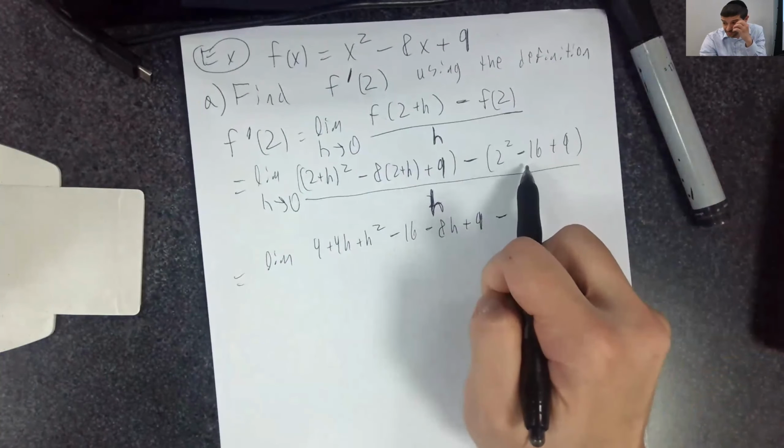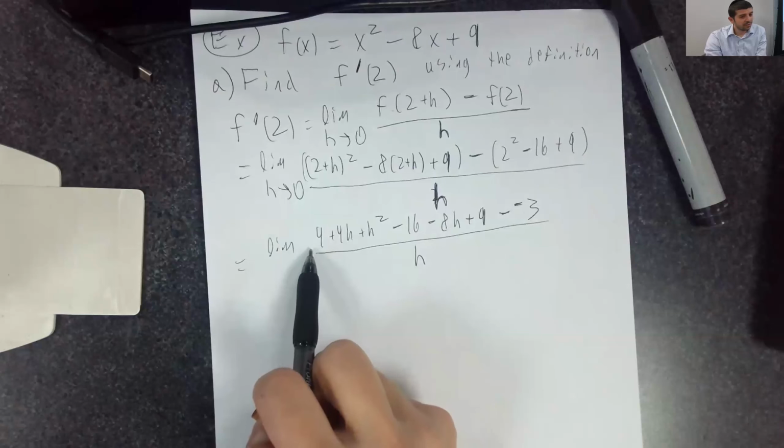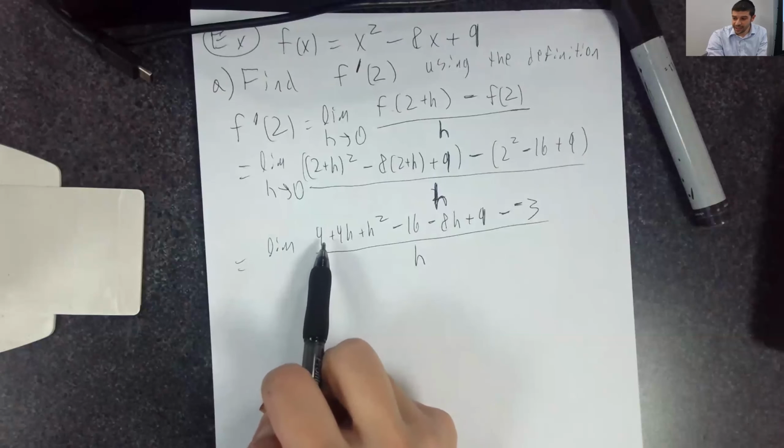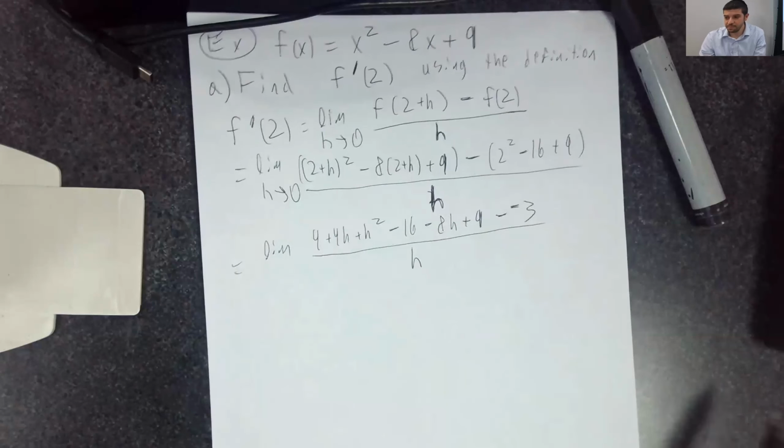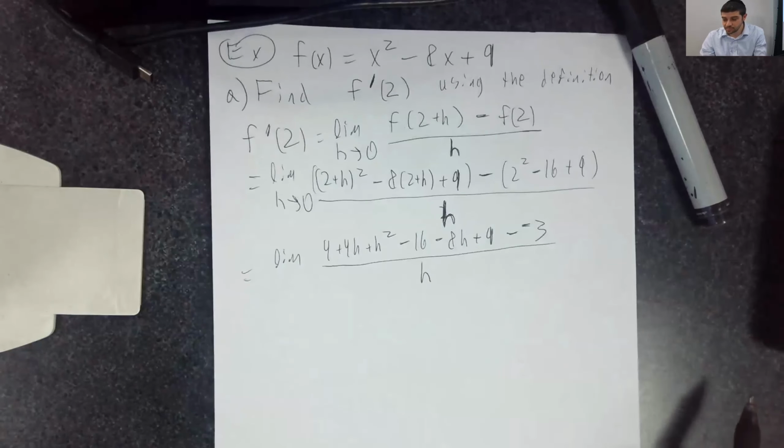So it's minus negative 3, right? If you do the algebra right, everything should cancel here. I have 4 and negative 16, which is negative 12, and then I have 9 and 3, which is plus 12. So they all cancel.